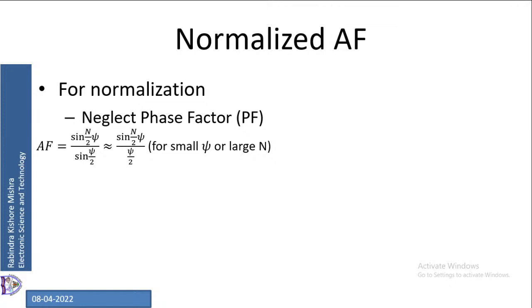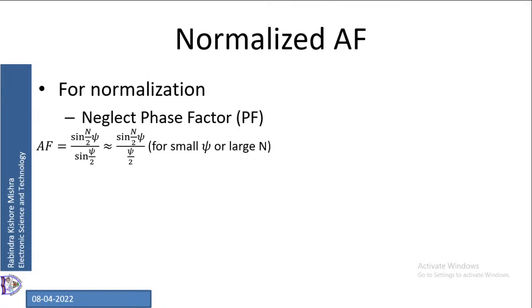That we can approximate as sin(n psi by 2) by (psi by 2), for small psi or for large n. If you have a large number of elements, or if psi is small, then as you know, as theta goes to 0, sin theta by theta approaches 1. So sin theta by theta is approximately equal to 1 when theta goes to 0, or sin theta is approximately equal to theta for small theta values.